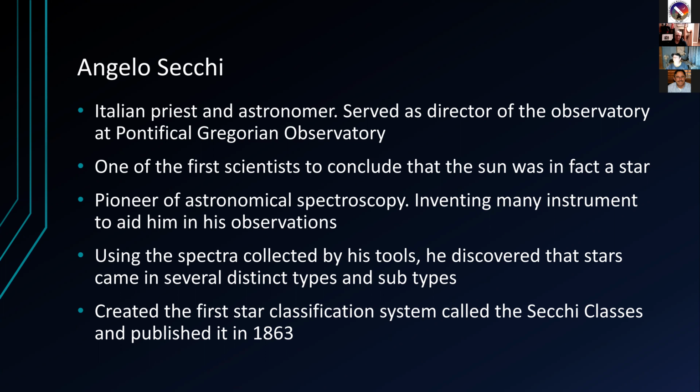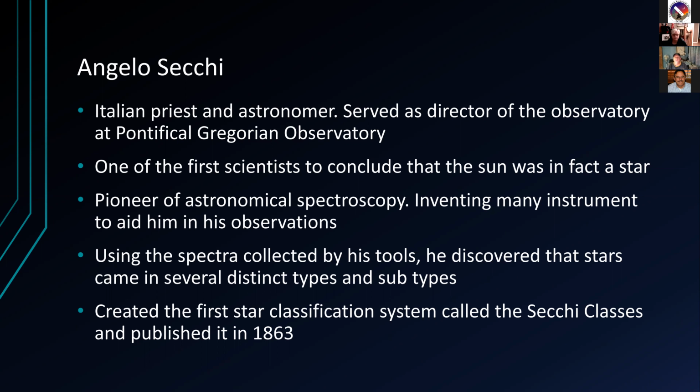This is the mid 1850s to mid 1860s, so obviously well past Newton with his first forays into using prisms to split light, which is one of the key tools.